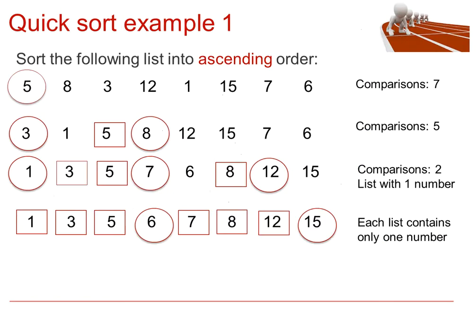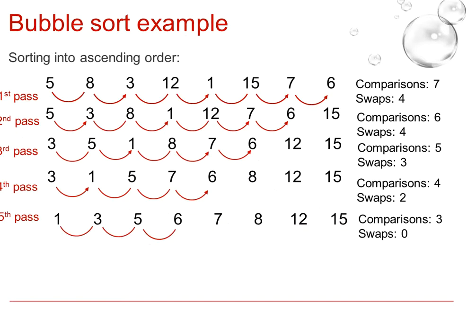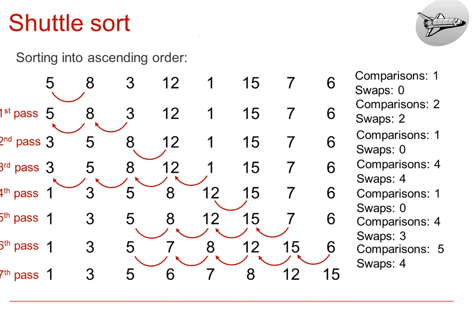In the previous video we saw that the quicksort for this list, sorting it into ascending order, took 14 comparisons and 3 passes. Bubble sort for the same list totaled 25 comparisons and 5 passes, whilst the shuttle sort took 18 comparisons and 7 passes.